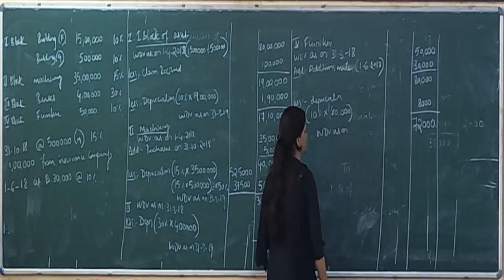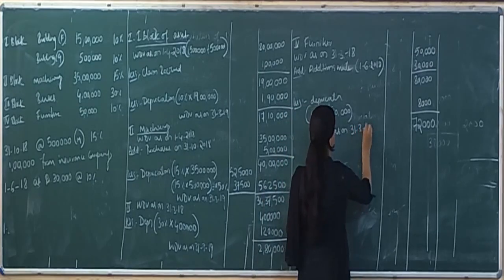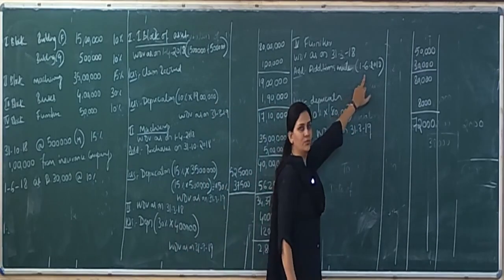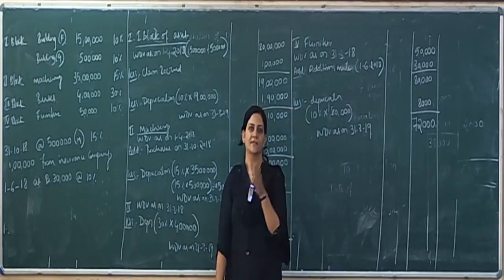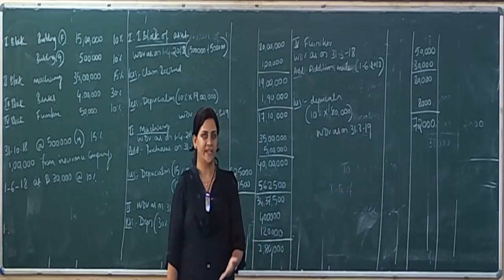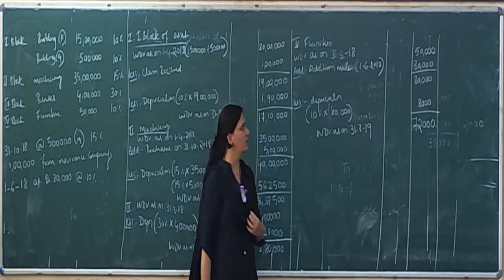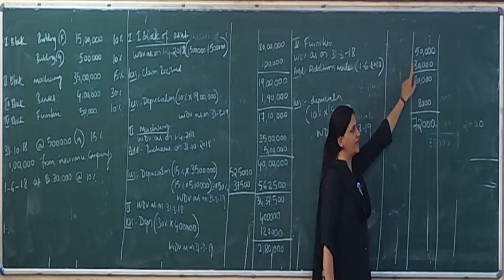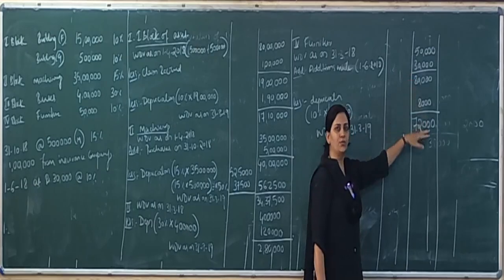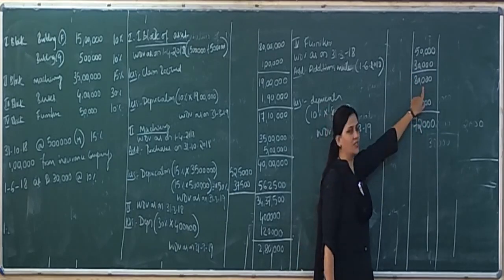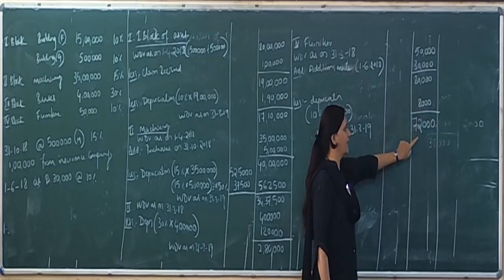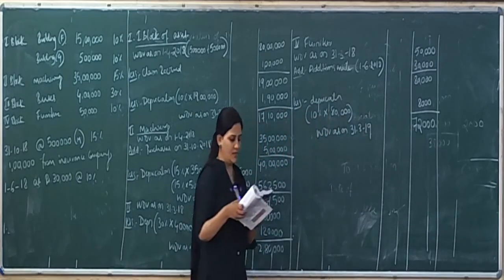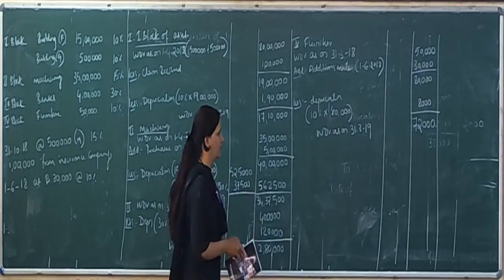Okay, 72,000 is the written down value as on 31st March 2019. Now this new purchase is made on 1st June 2018. So 1st June 2018 to 31st March 2019, it is more than 180 days. So directly we can take 10% on 80,000, or 10% on 50,000 plus 10% on 30,000, same, it comes to 8,000. So directly I have taken 10% on 80,000, right? So 8,000 it comes and the deducted value comes to 72,000.